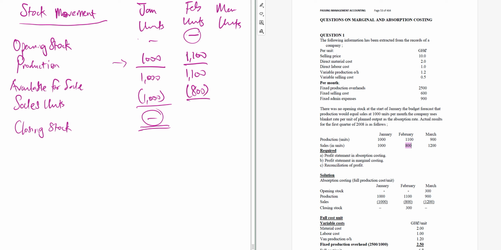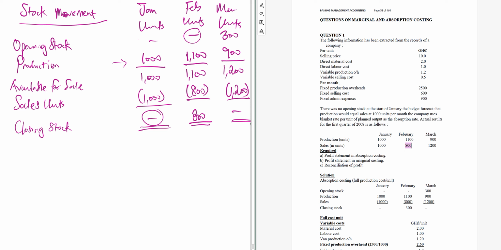If we sold 800, how many units remain? We have 300 units remaining as our closing stock, which will now become the opening stock for the next month. So opening stock now becomes 300, and then we produce 900. That gives us 1,200 available for sale, and we sold 1,200 units, meaning we have no closing stock in the month of March.